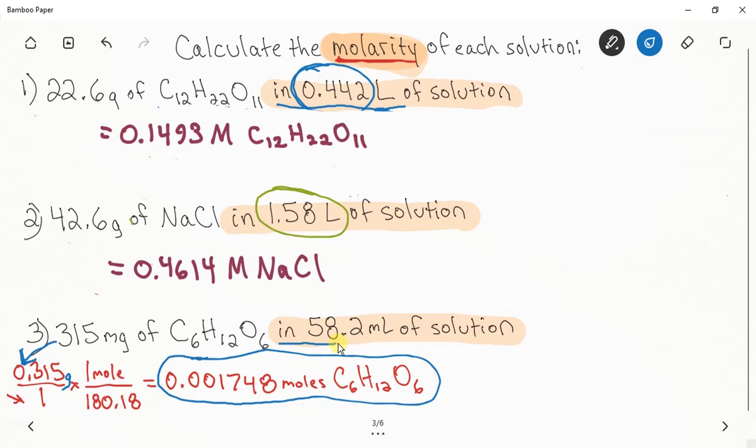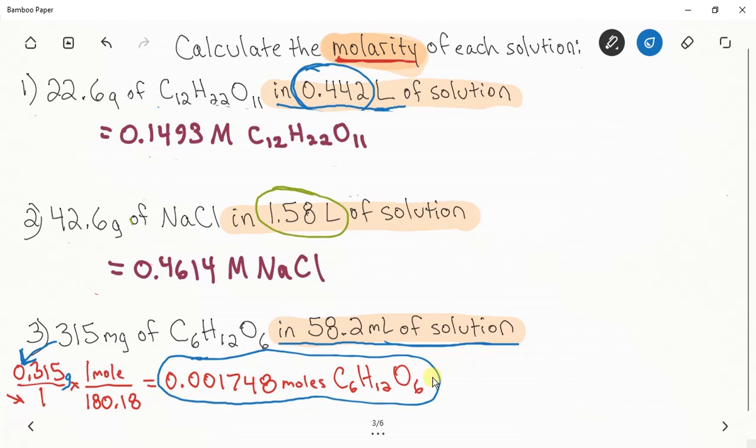But now we have a new detail: 58.2 milliliters of solution. So now we know how much water we're adding to this. This is sugar, by the way, C6H12O6. This is a form of sugar. So we're making sugar water in this.